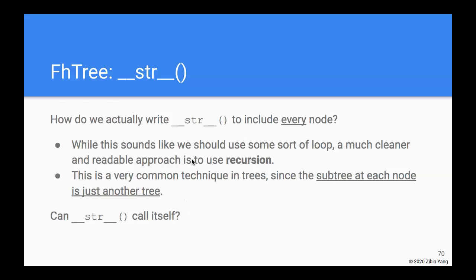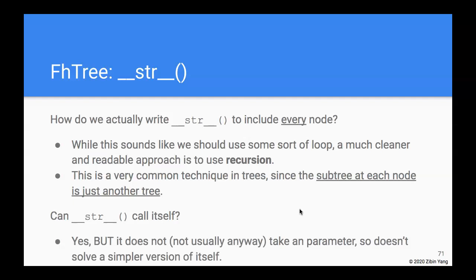So the question then is, if we want Dunder String to visit every node using recursion, that means Dunder String should call itself, right? Can it call itself? Well, it can, but remember, in the recursive call, we should solve a simpler version of the original problem. So that means the recursive call should take a parameter.